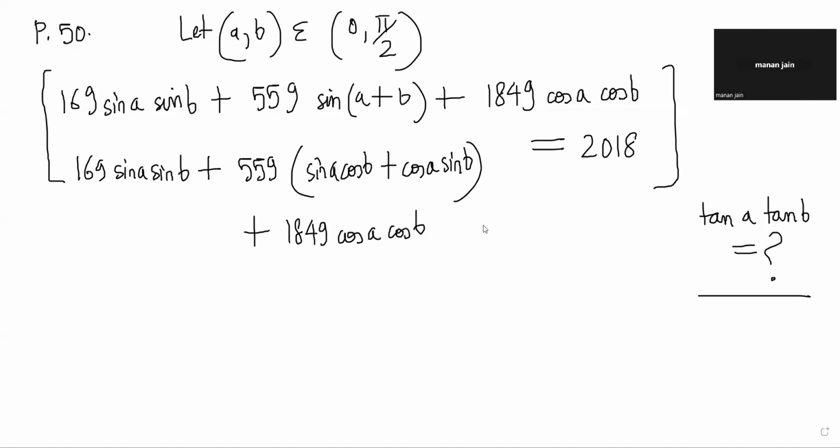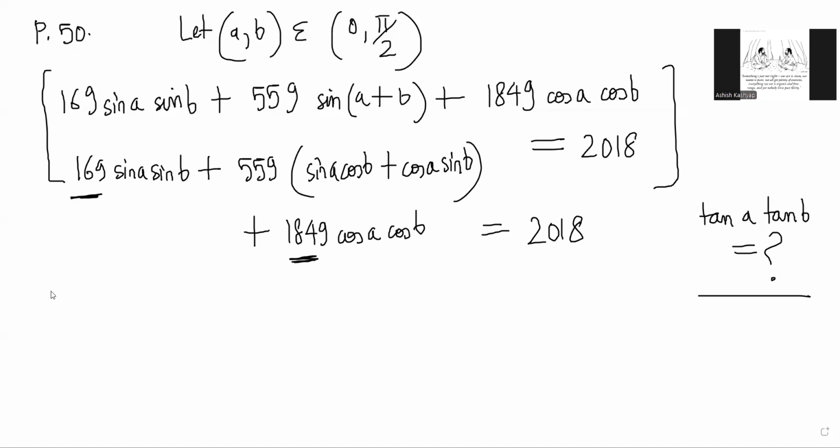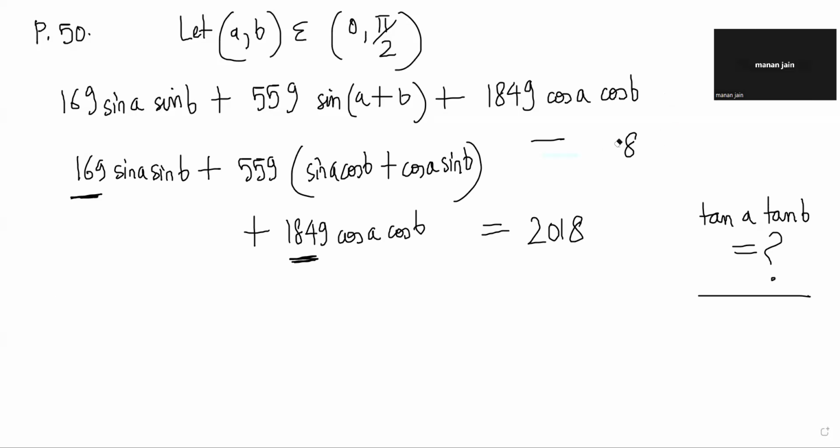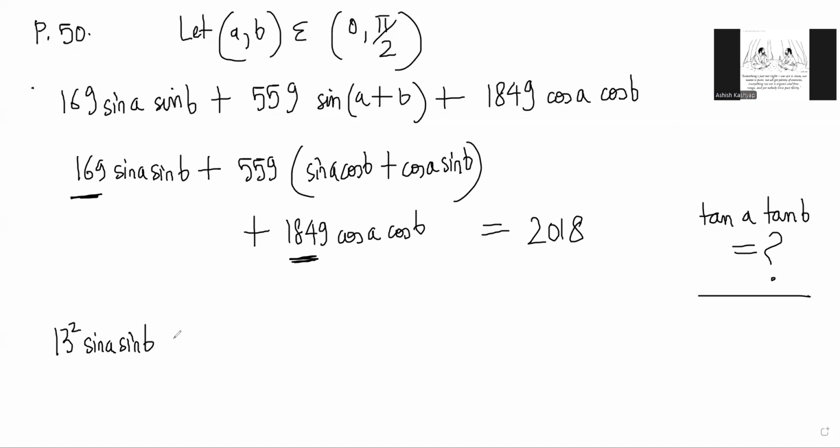Okay. So notice what is special about these numbers. Why would somebody give numbers like this? What is special about these numbers? It is a perfect square, no? 13 square. And what is this?